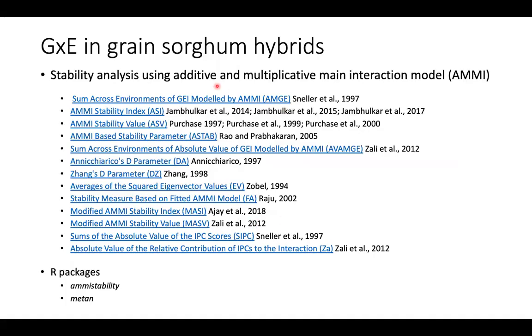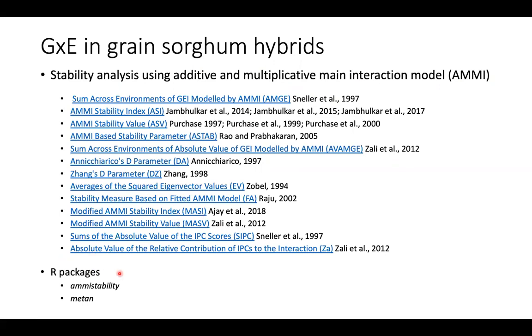And we will be analyzing data, for the beginning, from a grain sorghum multi-environment trial. After we develop those mega environments, we will be running some stability analysis using GGE models and also AMMI models. Some of the stability parameters are listed here.